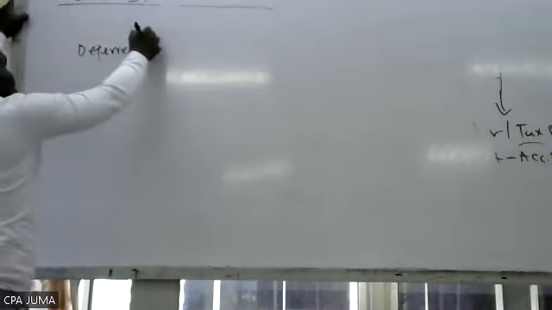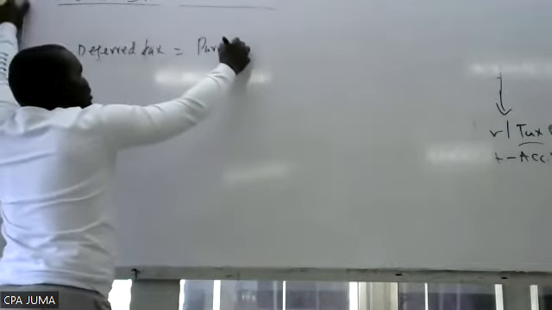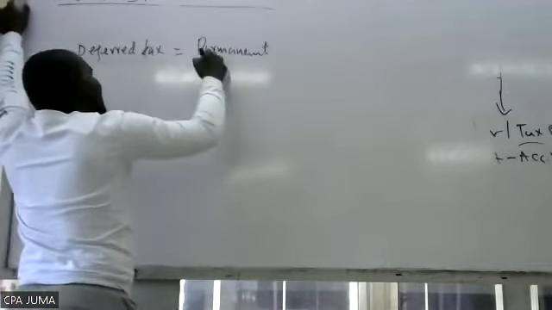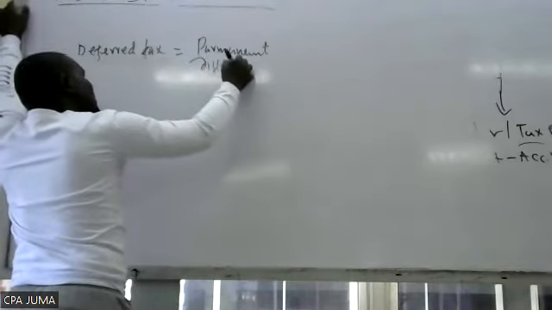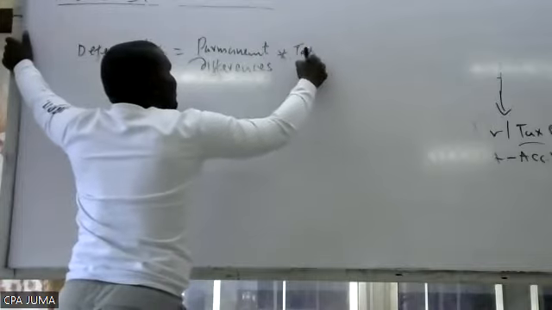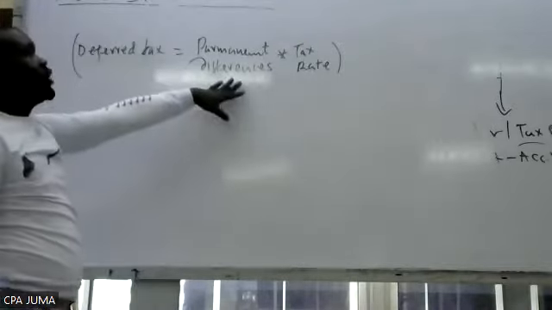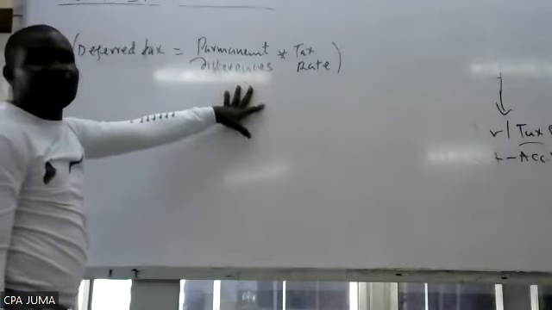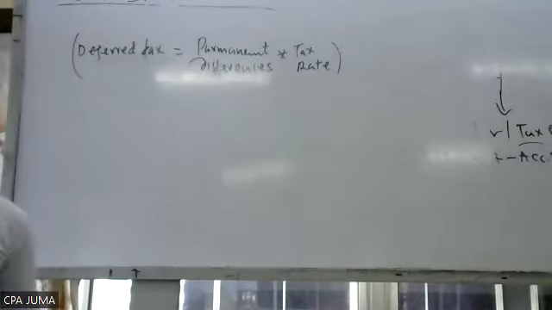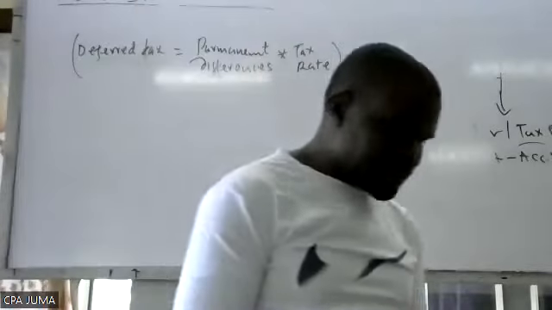So deferred tax will be permanent differences times tax rates. So the question will be, how do you get the permanent differences? So you say down there, where, let me respond to a student here.